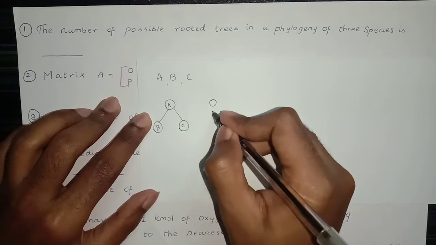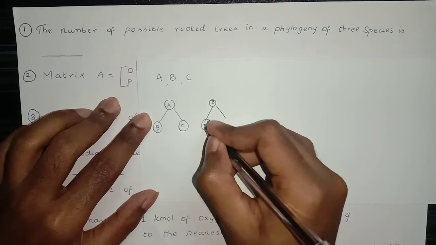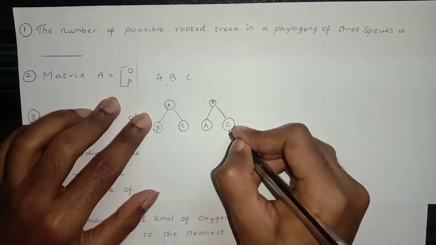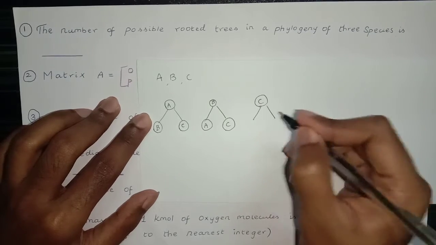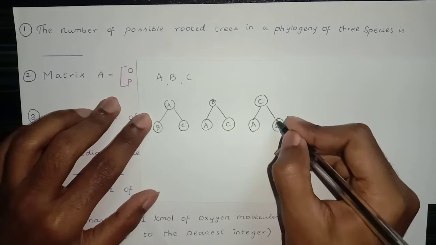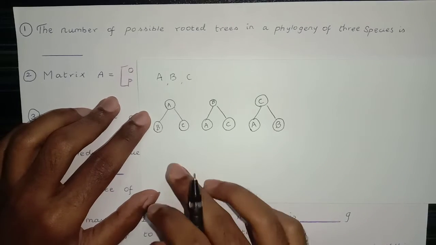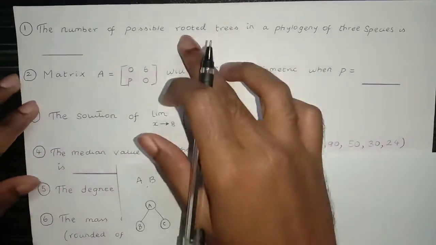Another combination would be B as root with A and C as leaves. And a third combination would be C as the root giving rise to A and B species occupying the leaf portion. So there are totally 1, 2, 3 possible rooted trees.